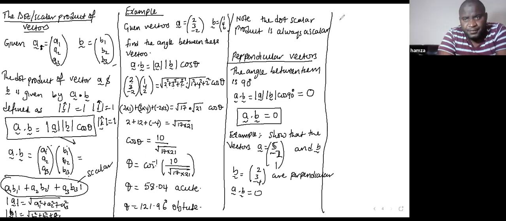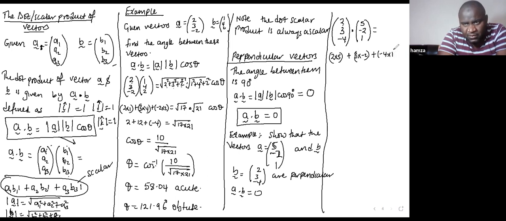So therefore, (2, 3, -4) dotted with (5, -2, 1). It will give me 2 times 5, which is 10, plus 3 times -2, which is -6, plus -4 times 1, which is -4.